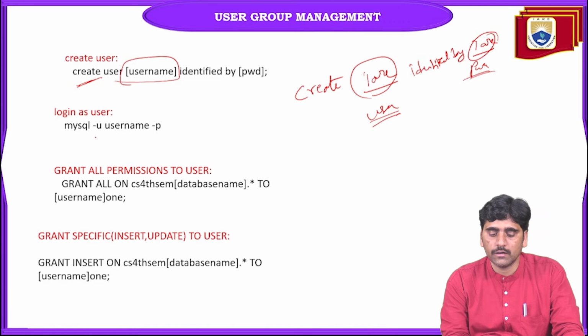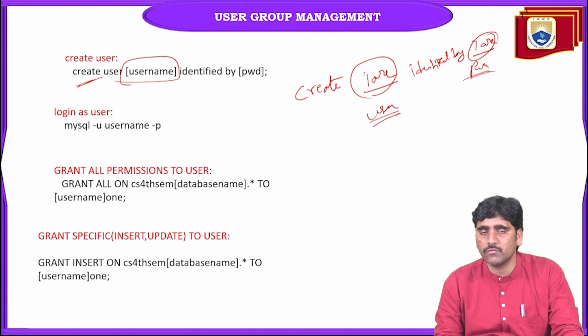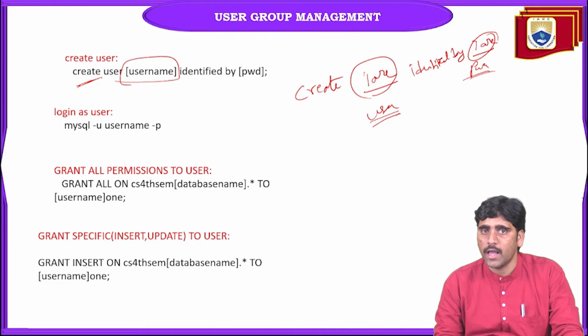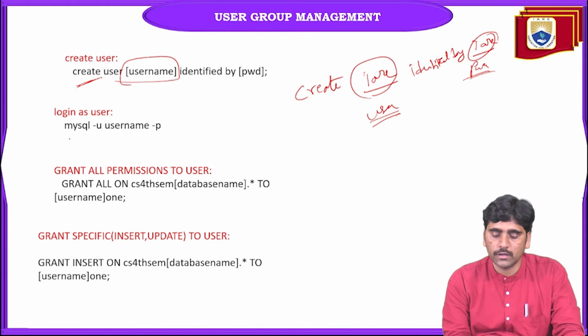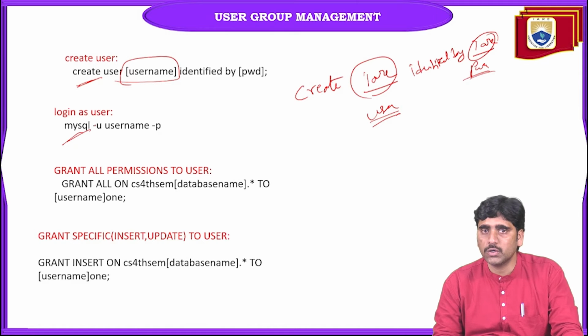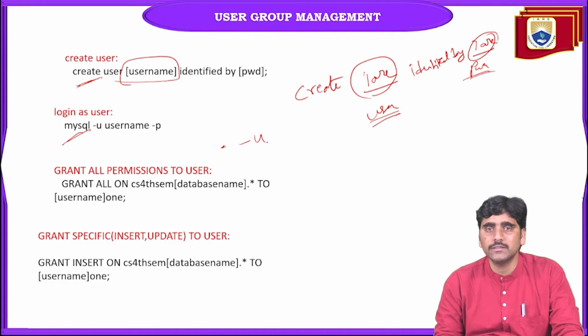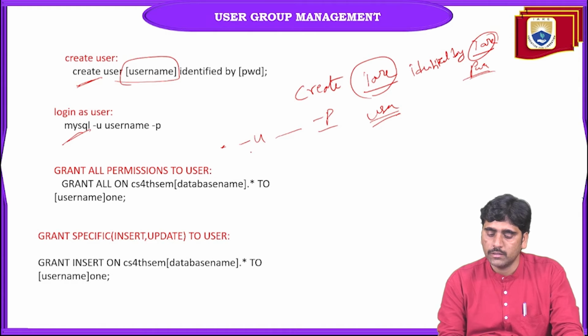Now how can we log in as a user? If you want to log in as a user to the MySQL database, you can give the command mysql space -u, which is the option for the user, then the username, then space -p, which is the option for the password.